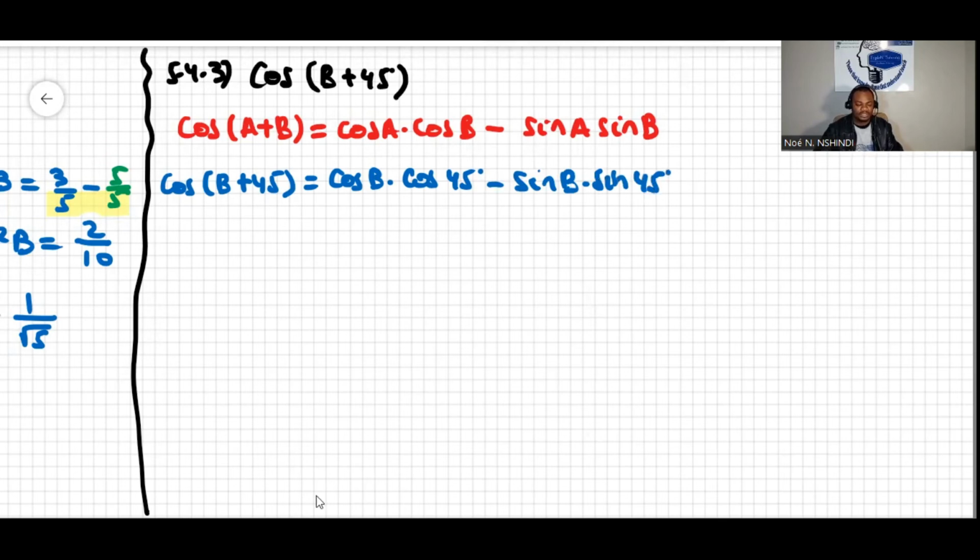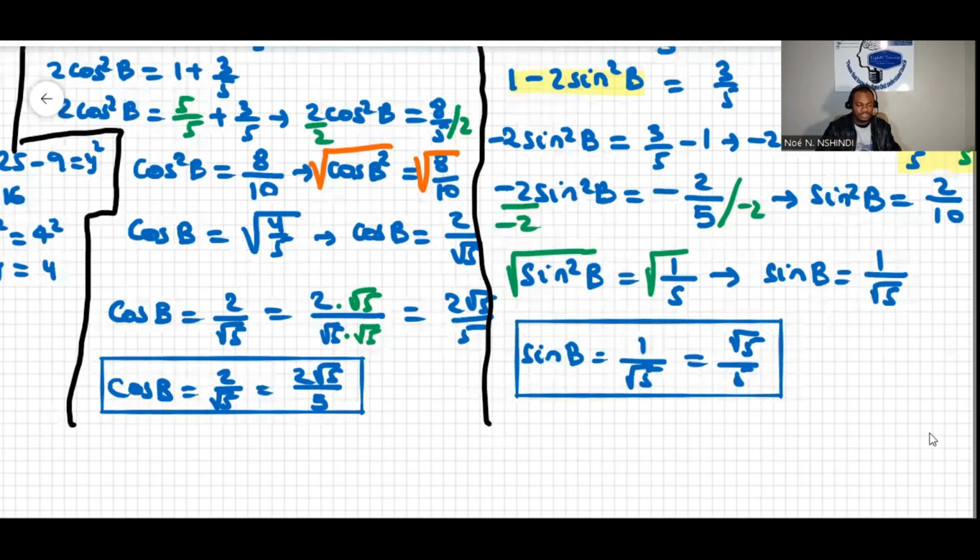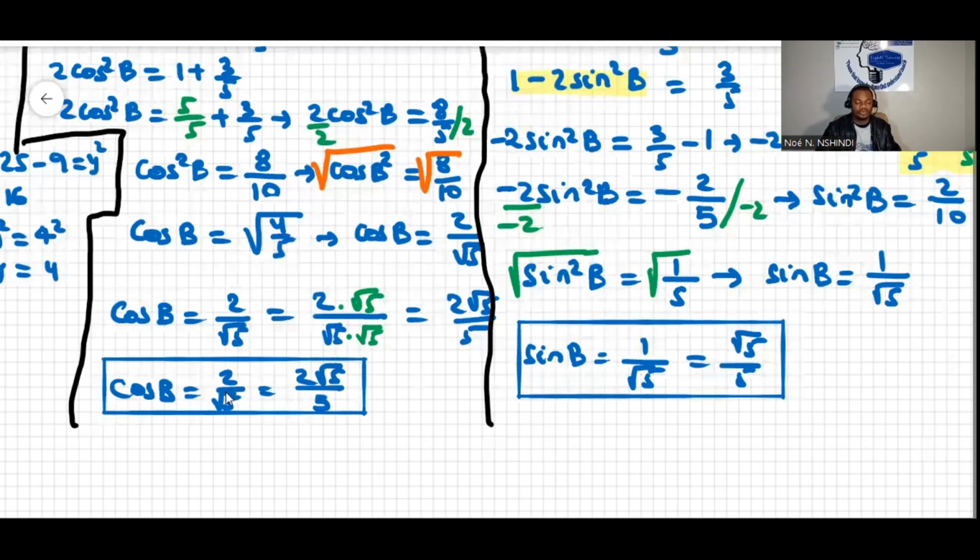And then this will be cos b times cos 45, which is equivalent to root 2 over 2, minus sine b times sine 45, which is also root 2 over 2. Previously, we did find the value of cos b. We can check it out. Cos b was 2 over root 5.